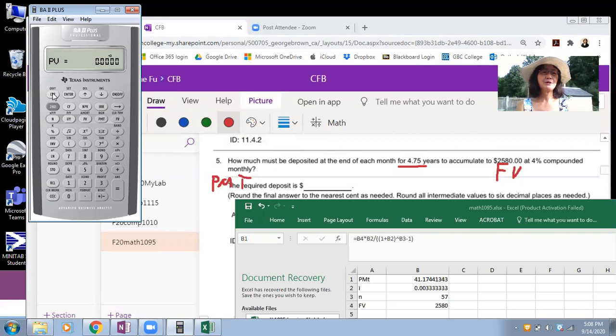Then compute PMT. So you get $41.17. The reason you got negative is because of me, okay? I didn't type in negative as future value, okay? So if you type in negative as future value, you will get the positive number here.